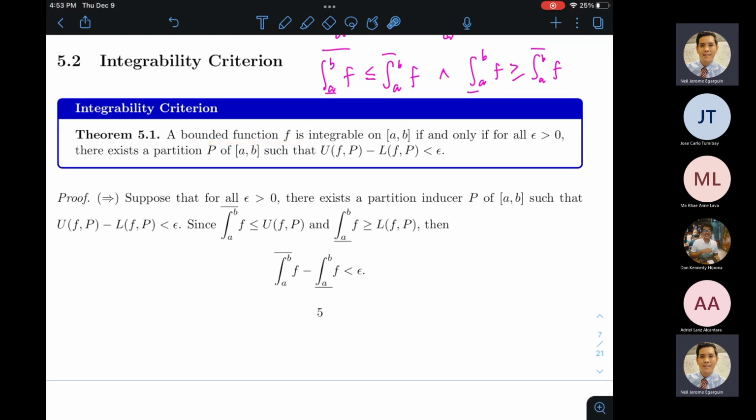So a bounded function will be Riemann integrable if and only if for any epsilon, however small it is, there exists a partition P of the closed interval [a,b] such that the upper Riemann sum minus the lower Riemann sum is less than epsilon.